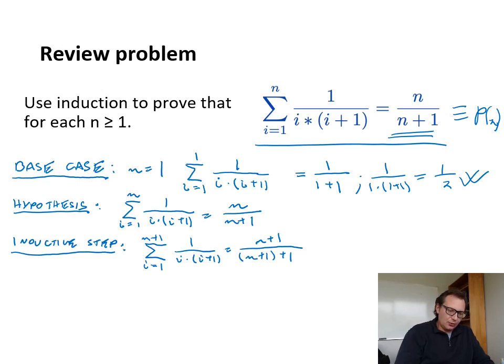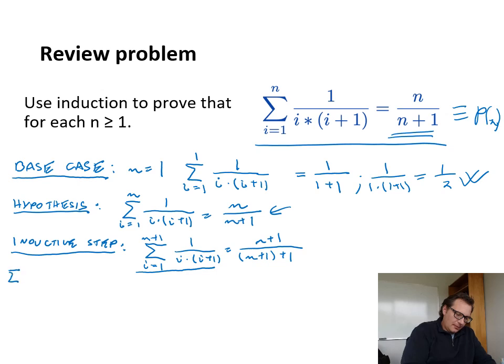So we know how to do this when we have to deal with these sum sequences. So we want to express this sequence on the left recursively so we can plug in this hypothesis that we have. So how do we do this?